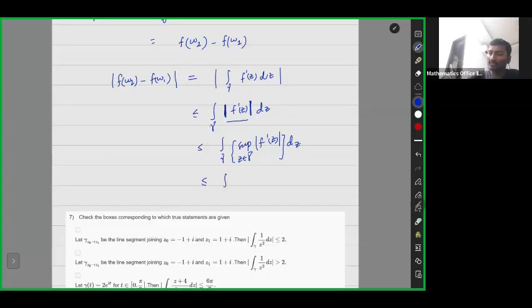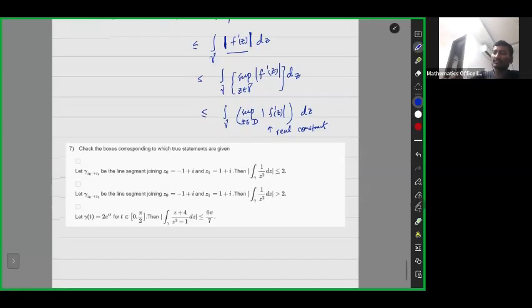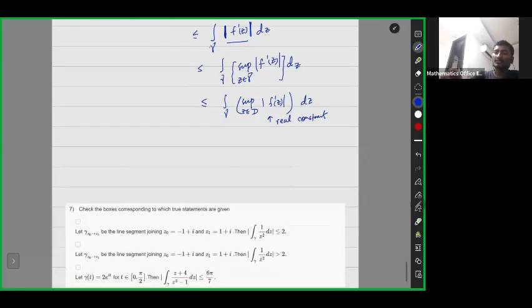So the integral over gamma of the supremum over z in disk D of the modulus of f prime z, dz. Now this is a real constant, so we can take it outside because integrals are linear.